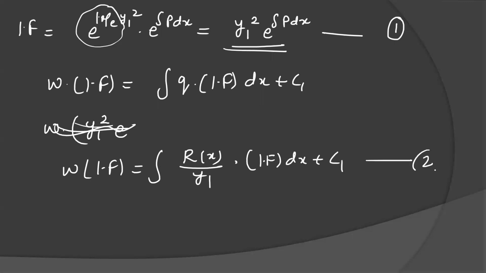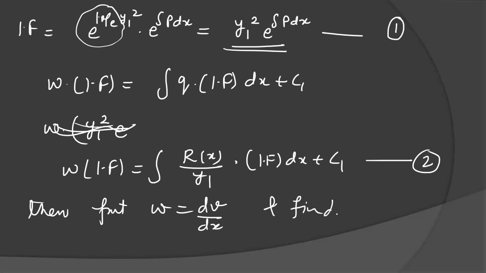This is formula number 2. You can remember. Now for the complete solution, what you have to do, then put w equal to dv by dx, because our aim is to find v only, and find vx. If you have vx, then your complete solution will be vx into y1. We have some special cases.